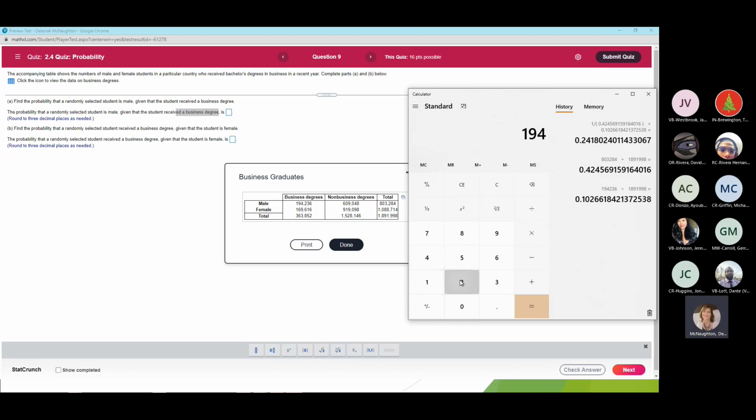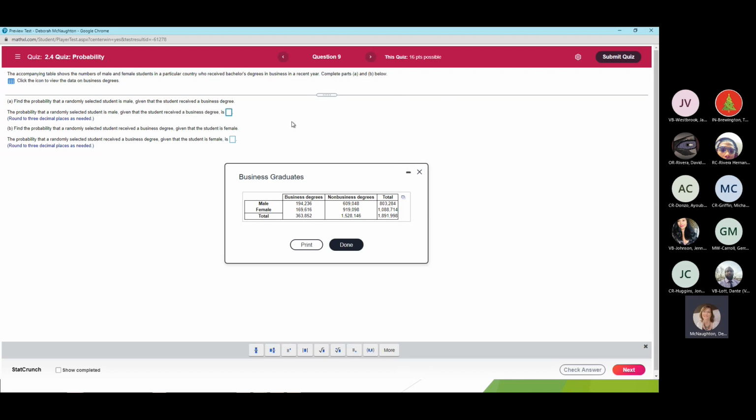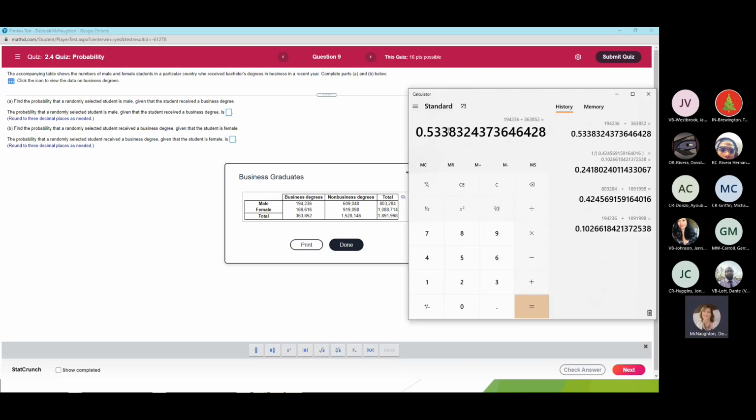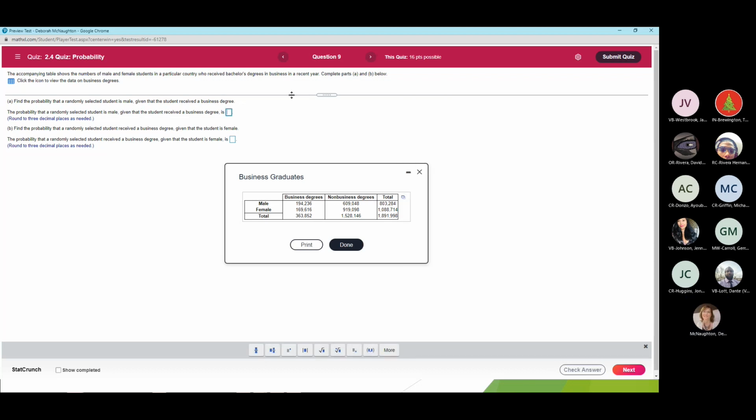So 194,236 divided by 363,852. Oops, I forgot to look at what it was to 3 decimal places. It's going to be 0.534.